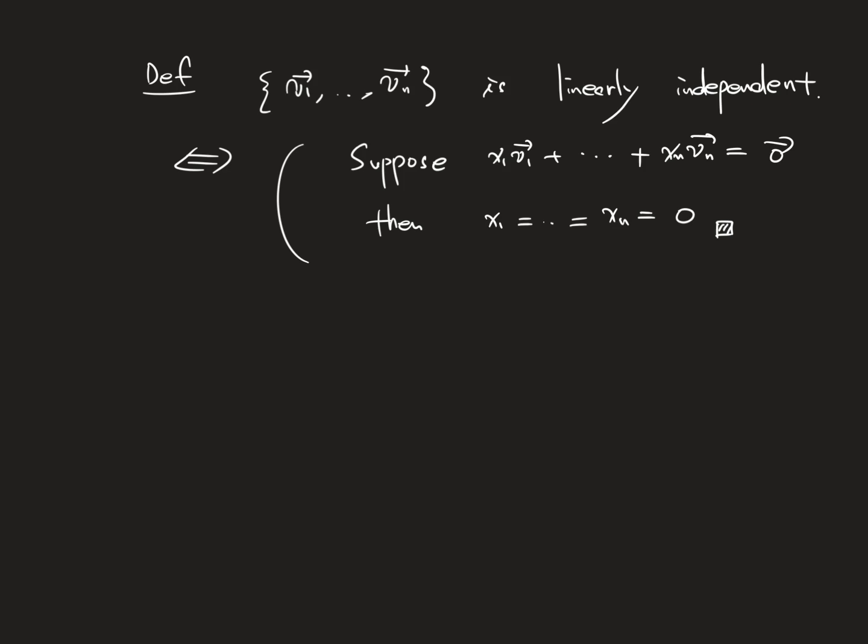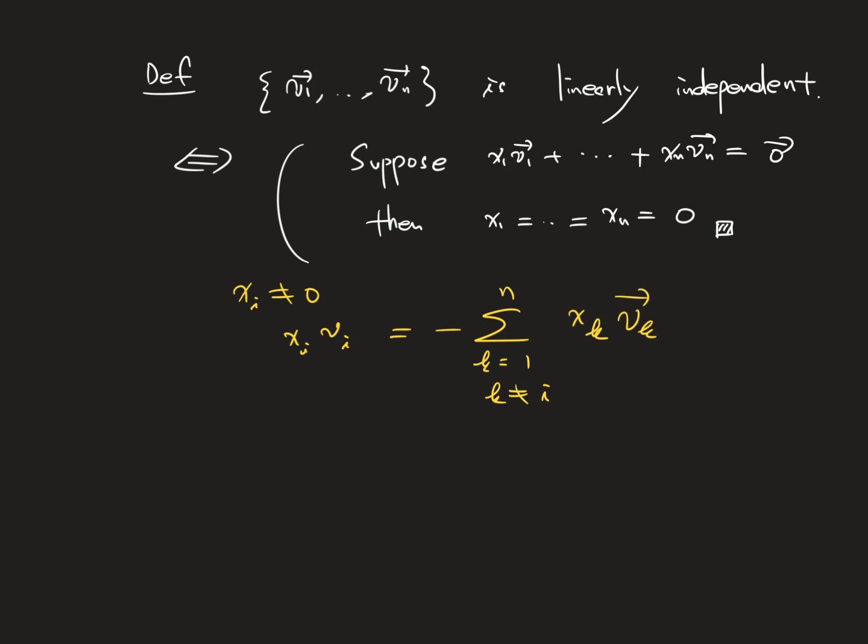If we have any non-trivial solution, like xi not equal to 0, then we can write xi vi equals minus the sum over k from 1 to n, k not equal to i, of xk vk.